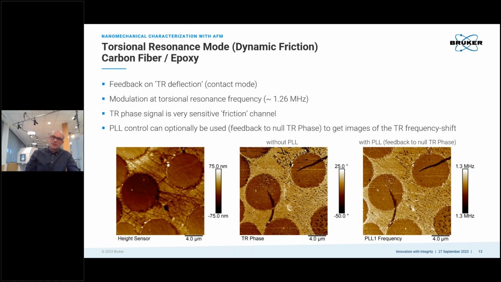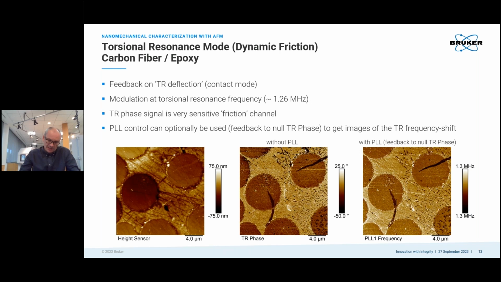There is an interesting way to operate the torsional resonance mode, in that rather than using the torsional resonance for feedback, we use the classic contact mode feedback, basically the deflection of the cantilever, but still use that torsional modulation to monitor its amplitude and phase. We can actually get access to the mechanical properties, and in particular the friction, or what we like to refer to as dynamic friction.